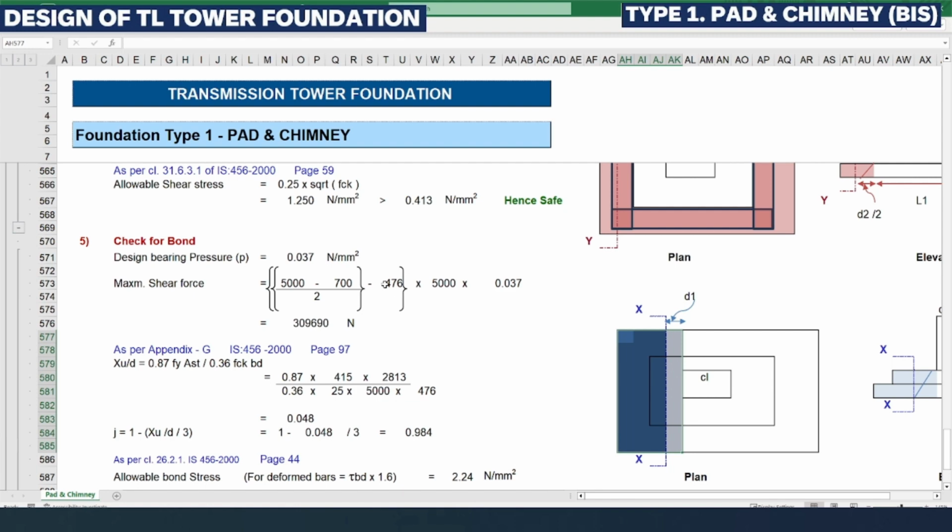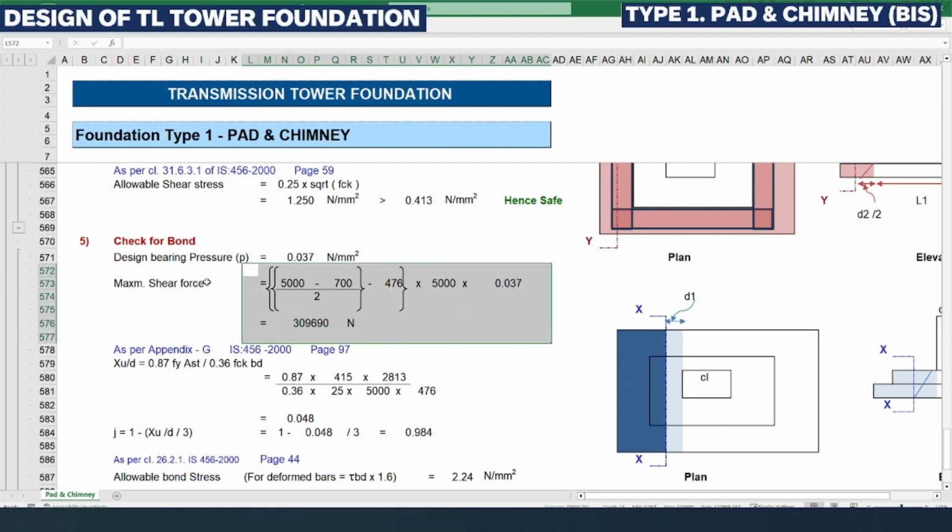Again we need to deduct this with the effective depth at section XX, so that the clear span, that is the effective span of the shear, will be from this XX part, which is selected as dark blue color. So this is the effective span. That effective span is multiplied with the width, that is 5000, and the same is multiplied with the design bearing pressure, then we can find out the maximum shear force.